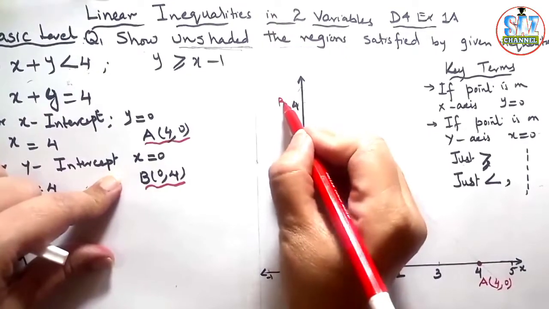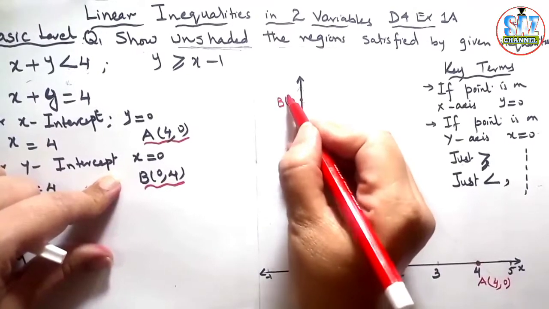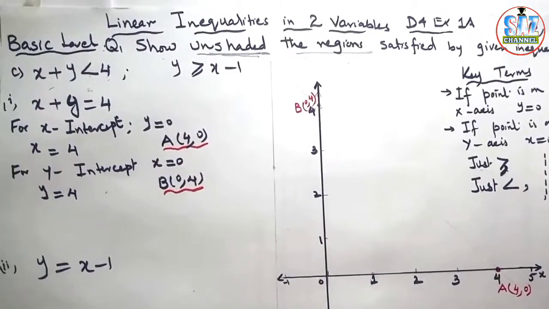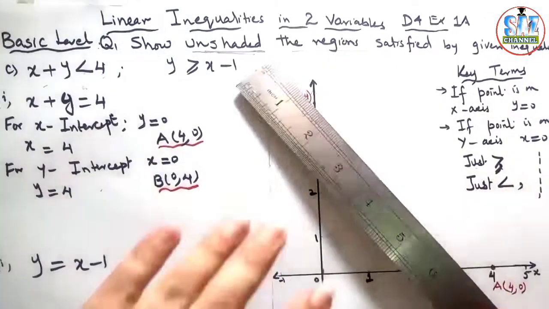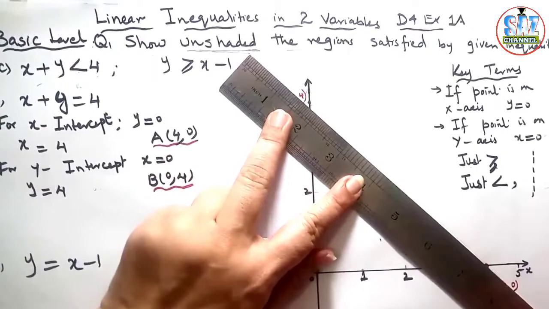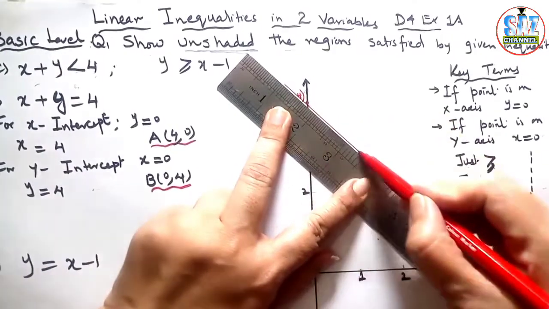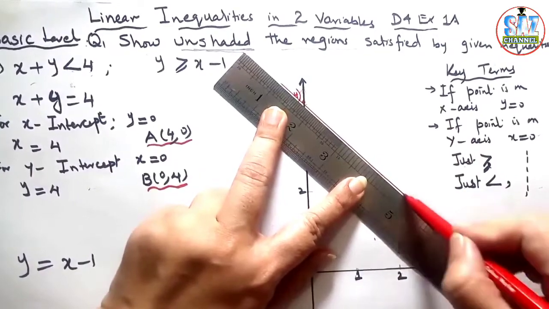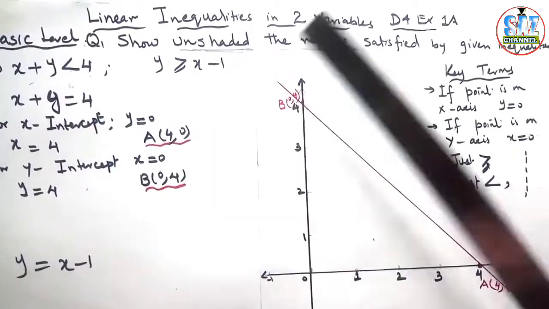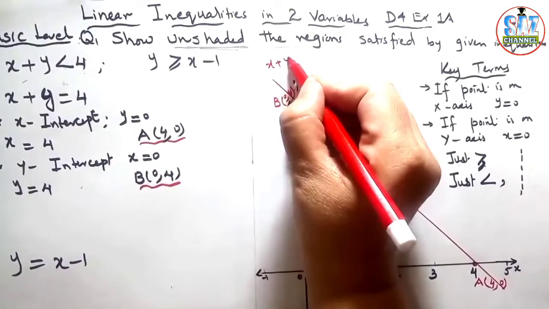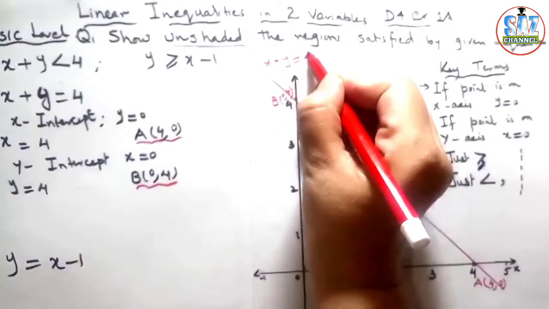I'll mark my point over here and write the coordinates. Now I have to join these 2 points with the help of a line. Join the points, draw the line and label it. This is my line, x plus y equals to 4.